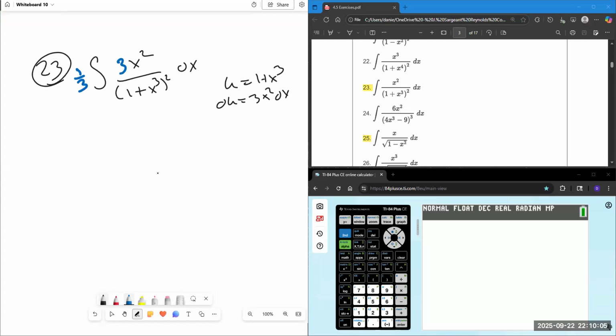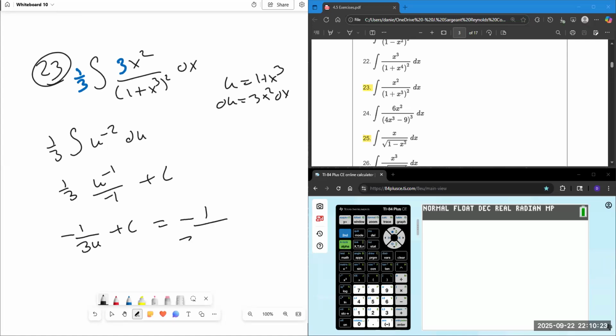So 1/3 the integral of u to the -2nd du. 1/3 u to the -1st over -1 plus c. That's -1 over 3u plus c, which is -1 over 3 times 1 plus x cubed, plus c.